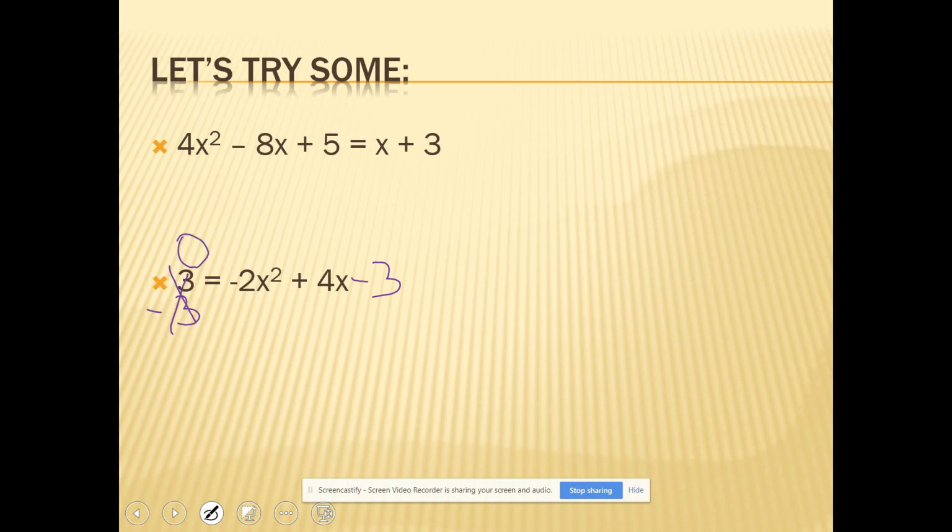And now we have 0 is equal to negative 2x squared plus 4x minus 3. This is standard form.